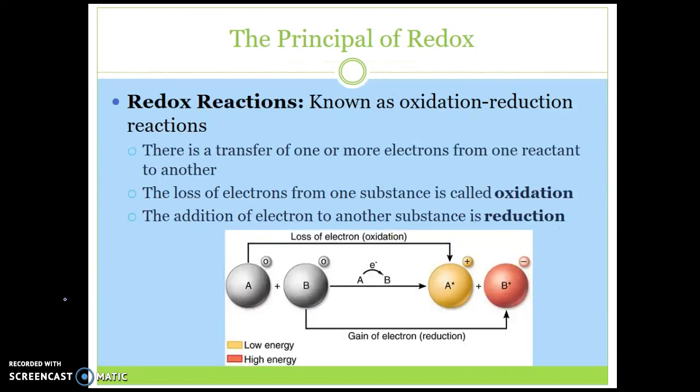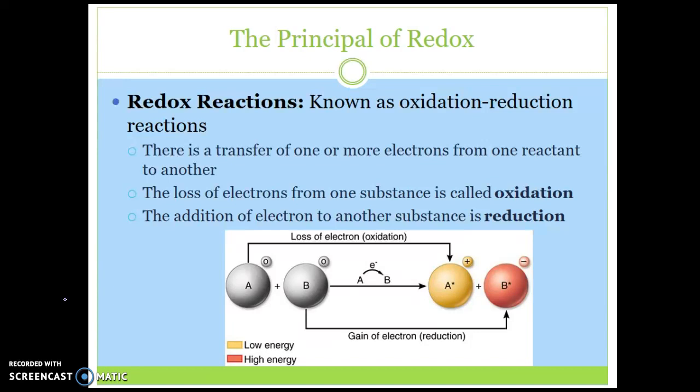So now we're going to get into what's called a redox reaction. A redox reaction is also known as an oxidation-reduction reaction, and this is basically when we're transferring one or more electrons from one reactant to another. Whatever loses the electrons, the loss of electrons, is called oxidation. You're oxidizing it.